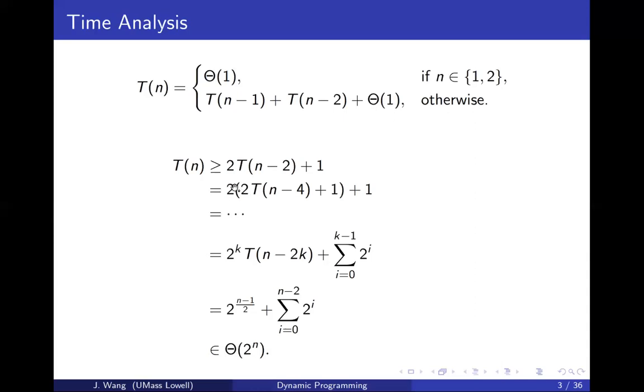So for T of n minus 2, you replace n with n minus 2 here, and then this is n minus 3, and this is n minus 4.